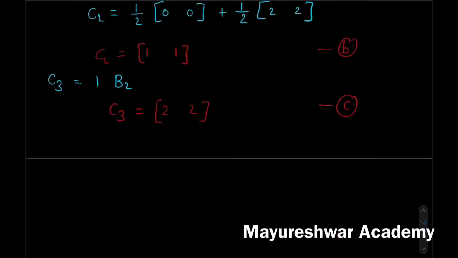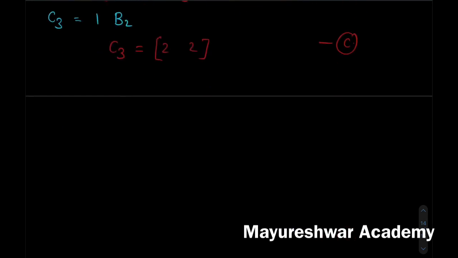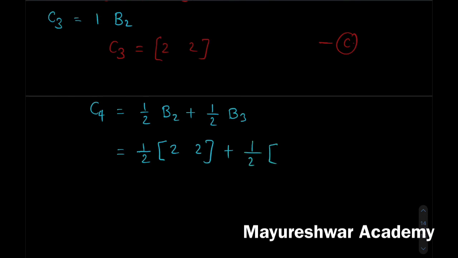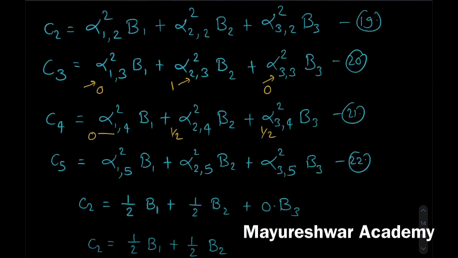So now C4 is equal to 1/2 of B2 plus 1/2 of B3. So just substitute these values. B2 is 2 2 and B3 is 4 2, I guess. Yes, 4 2.